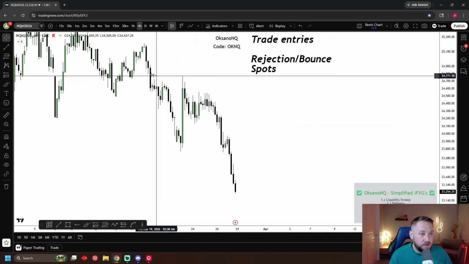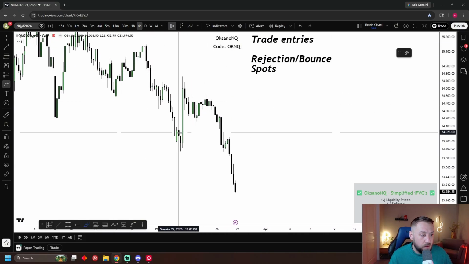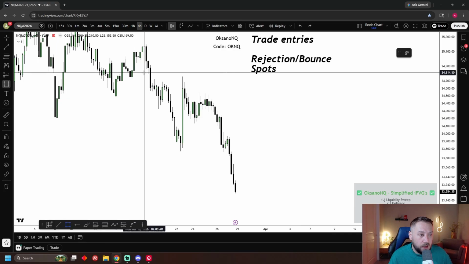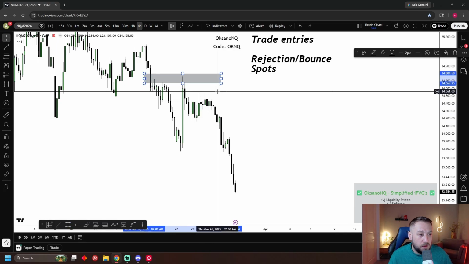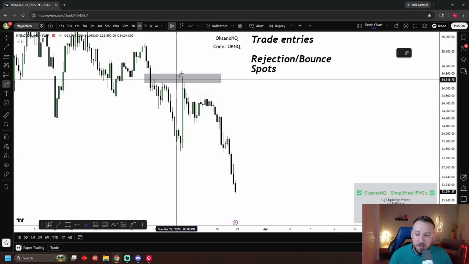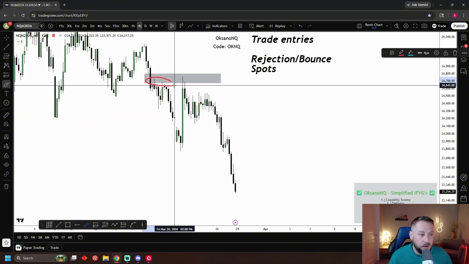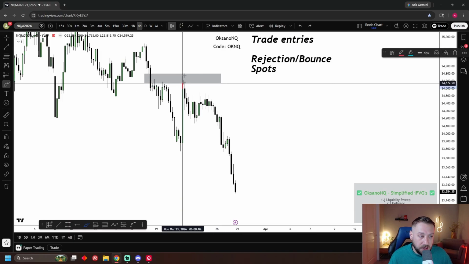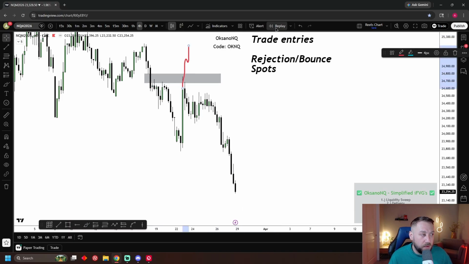Same example here, since I see it already. We have this big 4 hour candle. We sweep these highs, and we tap into this 4 hour gap. Once price sweeps these highs here and we tap this 4 hour gap, I have to wait and see how we react. If we keep closing up through this gap, then my bias is going to stay bullish.